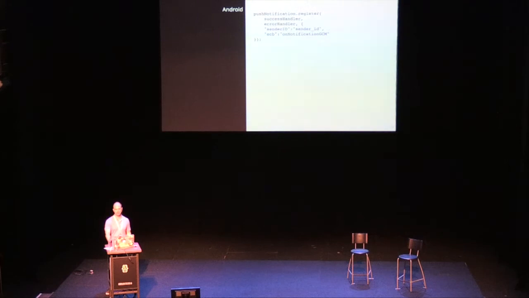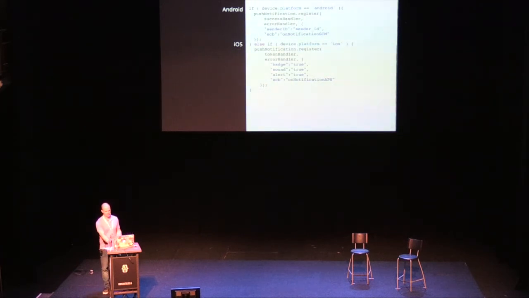So we're going to enhance our application now. We're going to add iOS. Well, now I have to check whether the platform is Android or iOS. And then on iOS, I have to send a totally different set of options into the registration function. I've got to tell it about badges, sounds, alerts. Now I have to give it a totally different handler for an Apple push notification coming in, because they don't come in the same format.